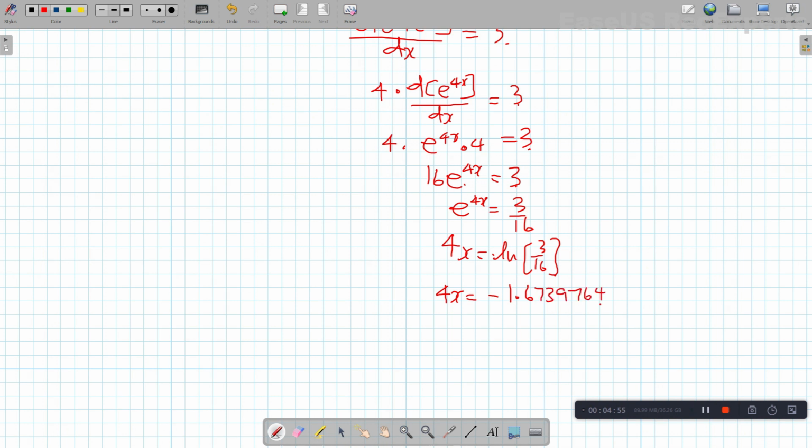That's what I got. Therefore x equals negative 1.673976 divided by 4, and the answer is x is approximately, to 3 significant figures, negative 0.418, and that is the answer.